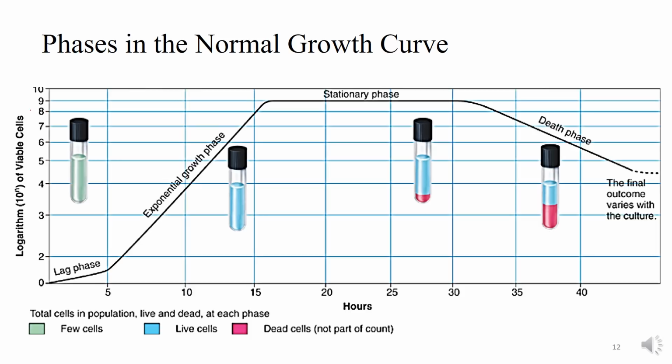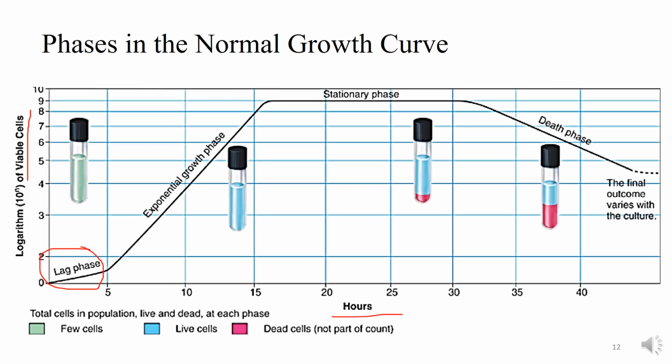This is the number of viable cells, and here you have the hours on the x-axis. We start off with the lag phase. What is a lag phase? Lag phase is where bacteria are trying to adapt to their new environment. The bacterial population is quite stable, and they are preparing to adapt to the new environment, and after that they will start to divide.